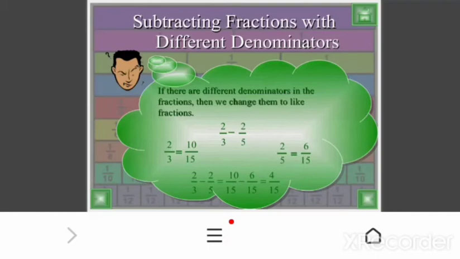Next, find out the equivalent fraction of 2/5, that is, children, 6/15. Now if you look carefully, 10/15 and 6/15 both are like fractions. Now you can easily subtract. So children, therefore 2/3 minus 2/5 is equal to 10/15 minus 6/15, which is equal to 4/15.